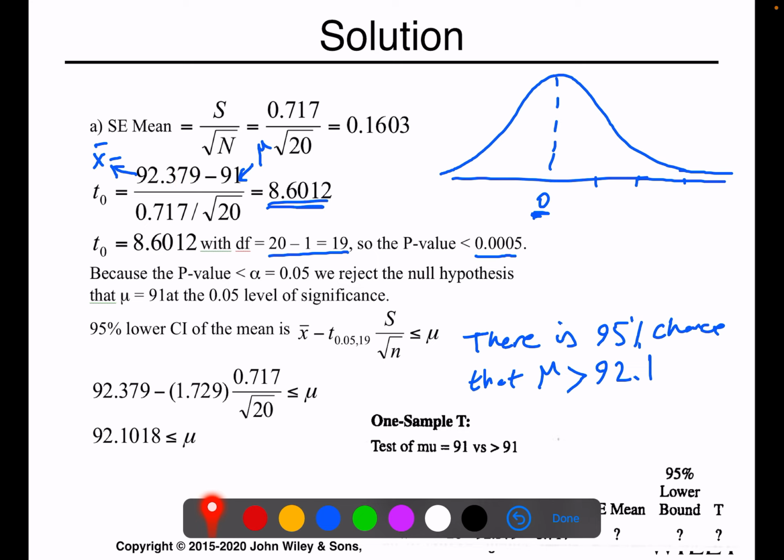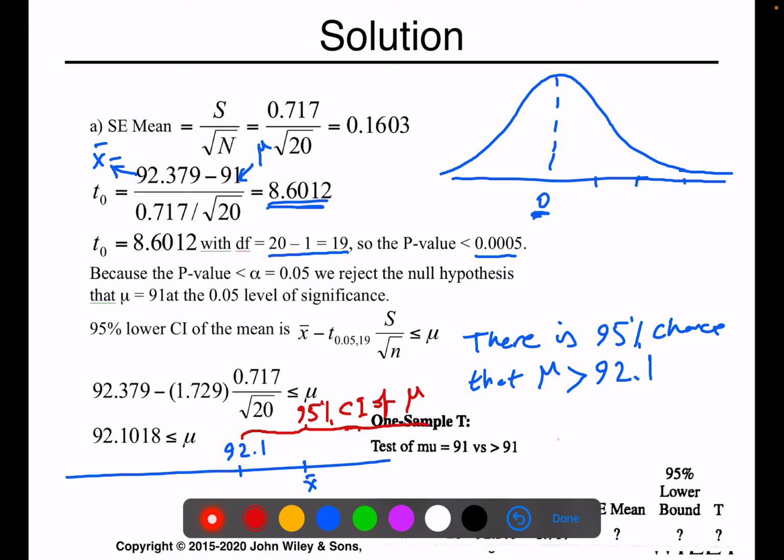So if we draw all of the numbers here, this is x bar. This is the 95% confidence interval, right? So this is 92.1. So that's the 95% confidence interval of mu, right? It goes all the way to infinity.